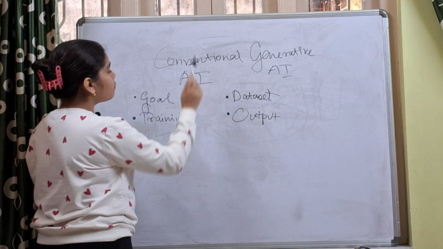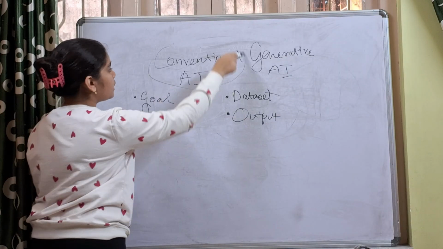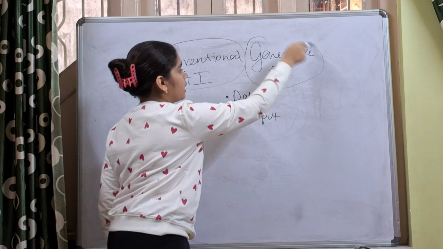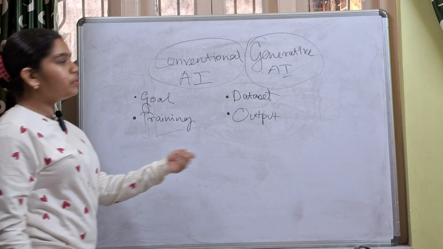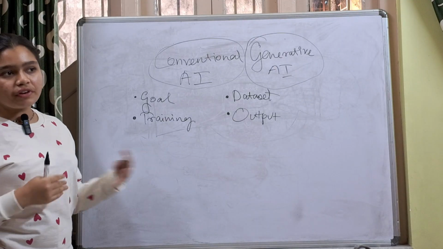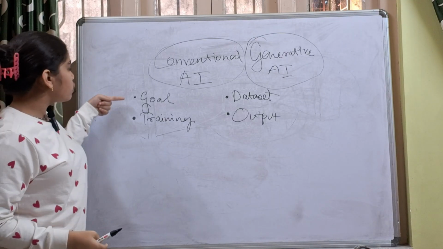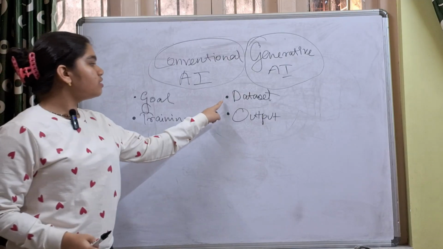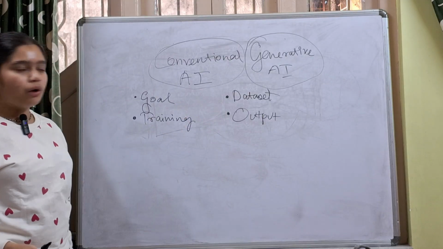Now if you see the difference between conventional AI and generative AI, conventional AI means the AI that we normally use, and generative AI, they can be differentiated on the basis of their goal, training, data set and output. Based on their goal, how?